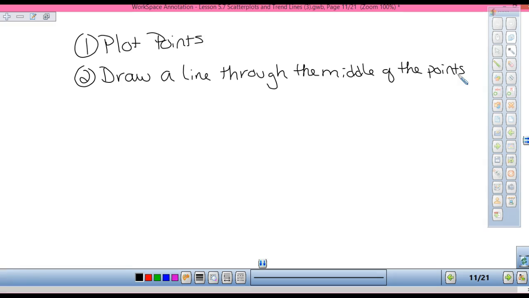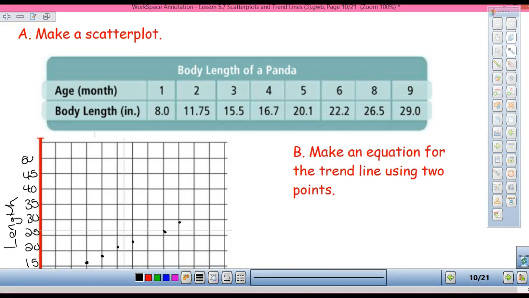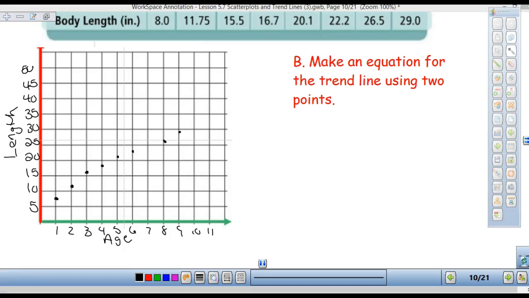What we are going to do is draw a straight line that goes through the middle of these points. I'm just going to start from right here, and I'm going to try to get through the middle of most of that data. It needs to be straight. I mean, not like you need to get a ruler out and make it exactly perfect, but it needs to be close.